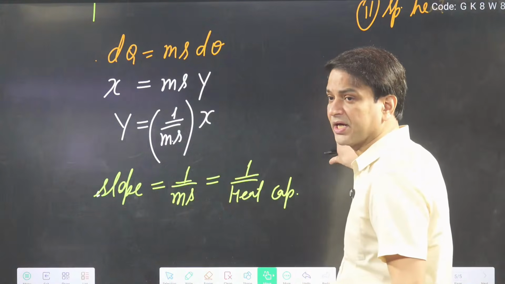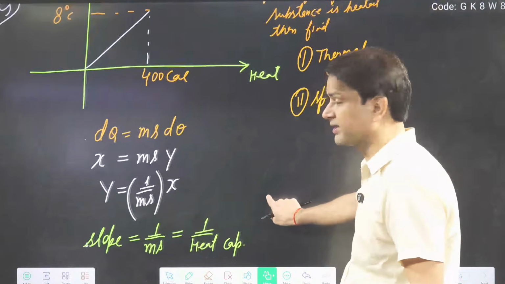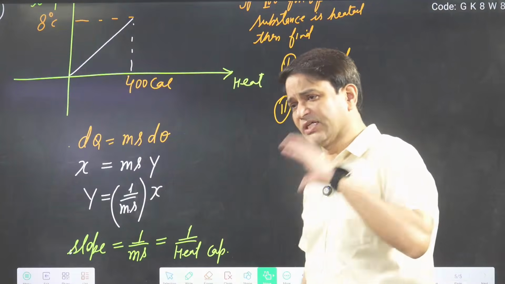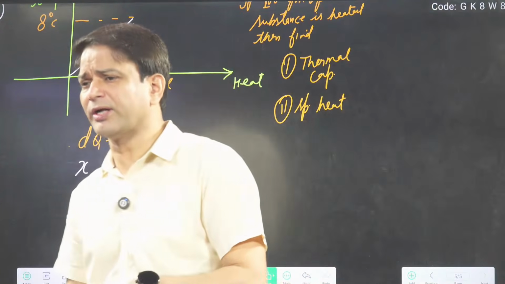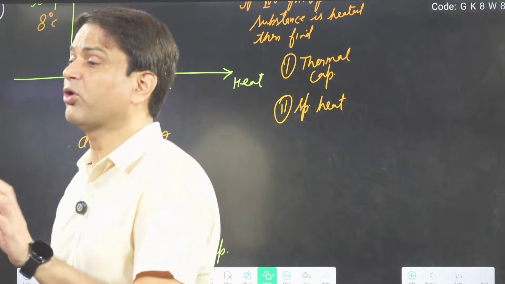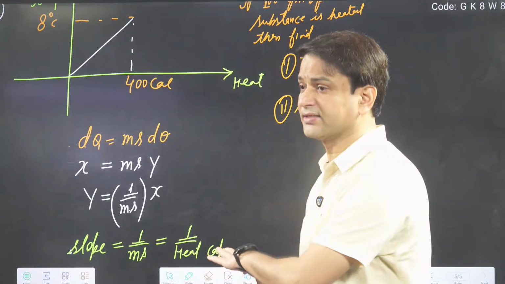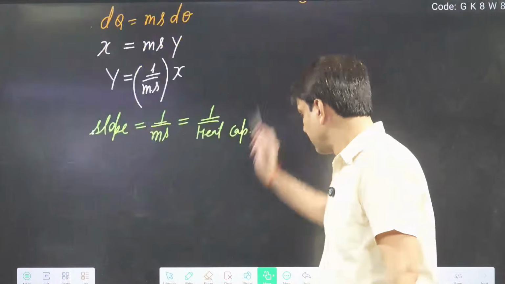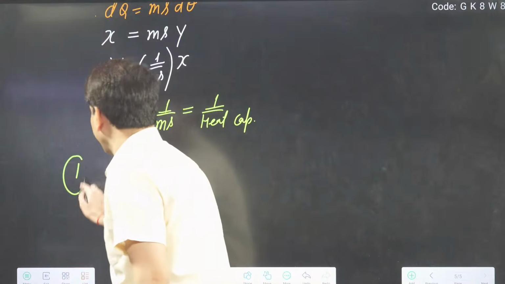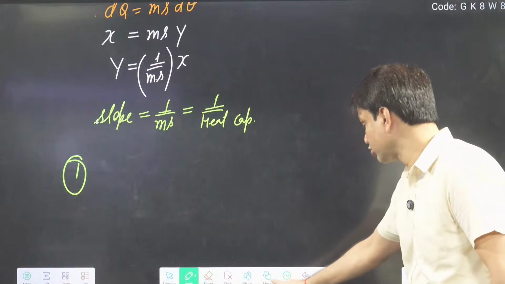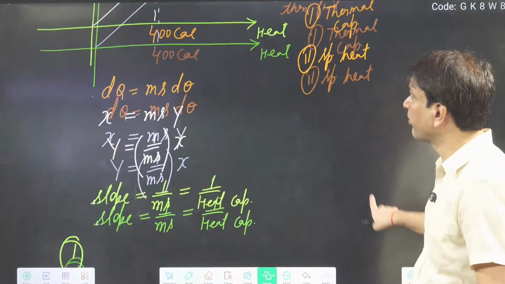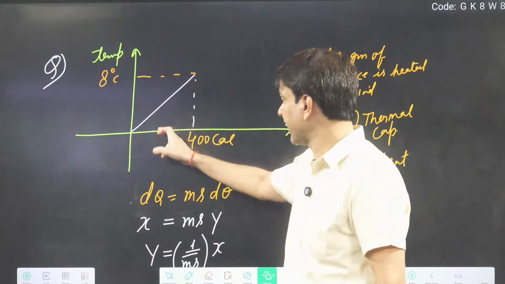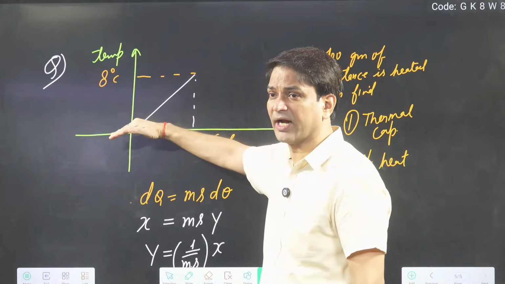So what is the slope here? Reciprocal of the heat capacity. Now I can do this problem by using the slope and also without using the slope. But slope we have to know, that's why I said it. If I am doing it using the slope, what is the slope of this line? Slope is tan theta, opposite upon adjacent.